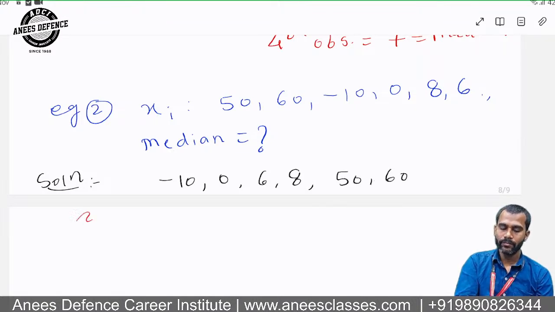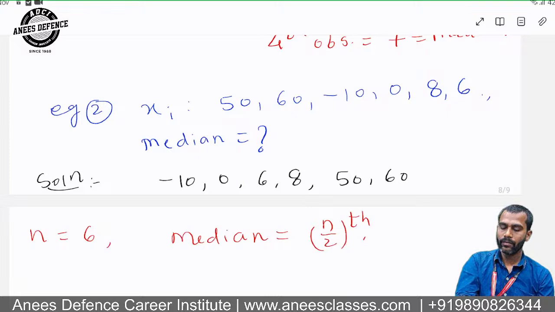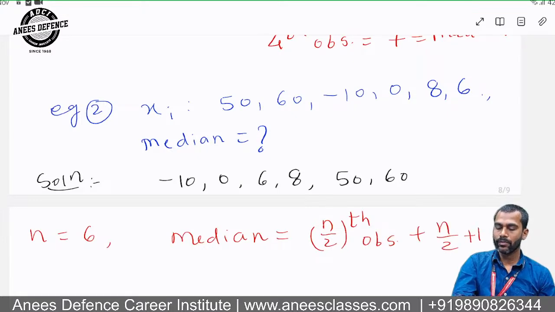What is n here? 6. That is even. So, median is, what is the formula? The n by 2th observation plus the n by 2 plus 1th observation, divided by 2.